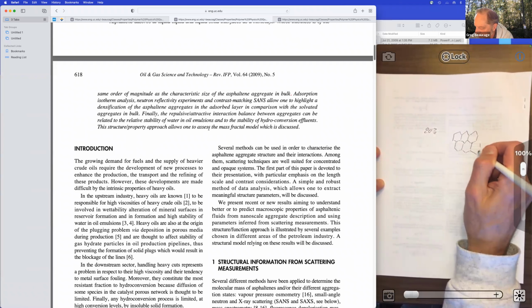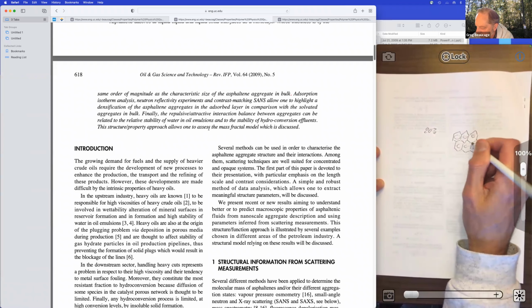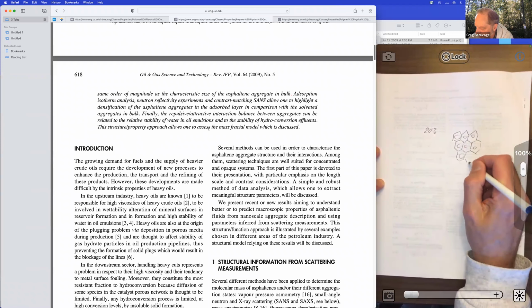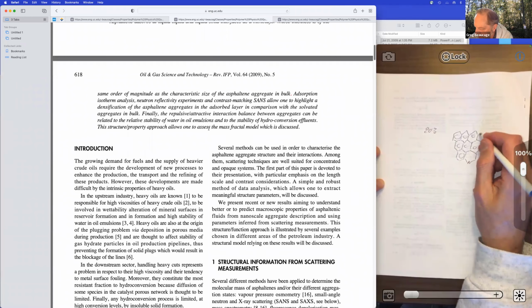The average one would be like seven of these aromatic rings, and then there might be some hetero rings in it, either nitrogen or sulfur and oxygen. Right? So one molecule wouldn't have all three.